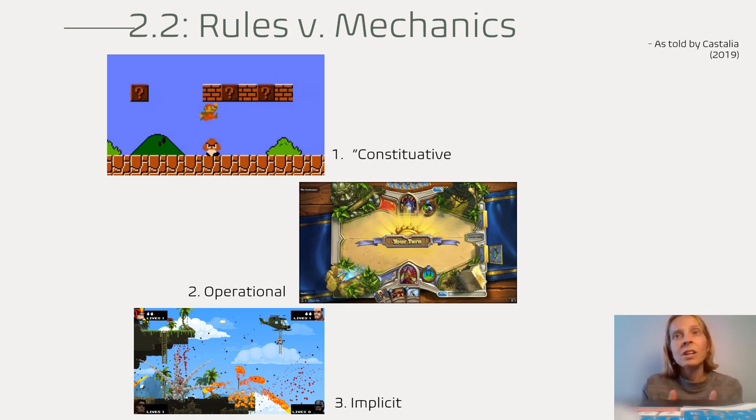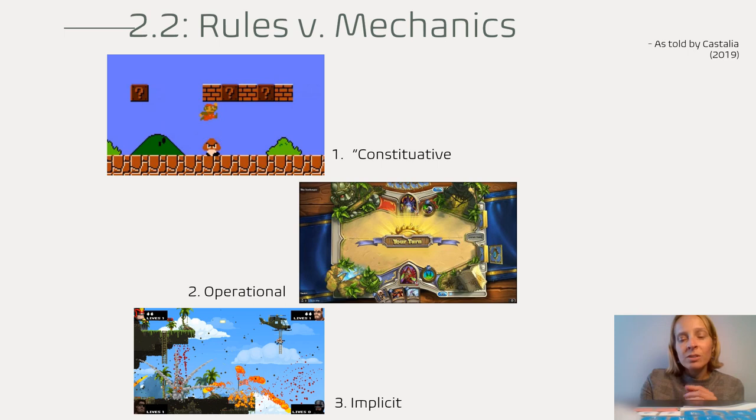Rules tell us the rules of the game, but mechanics say how we can carry out those rules. A lot of times they're written down in the documentation, but novice designers often go heavy on the rules and what should be done versus the mechanics of how this can be achieved.